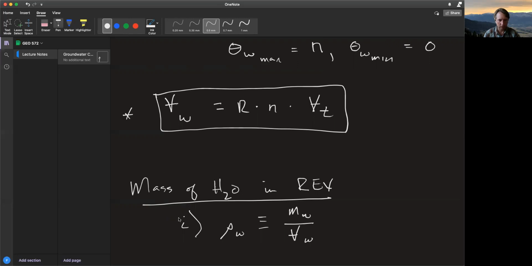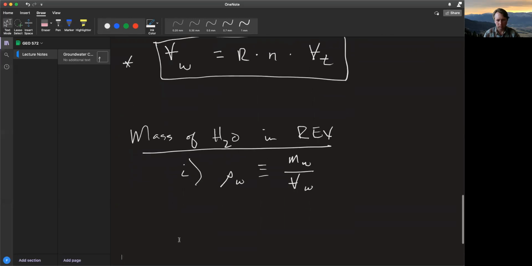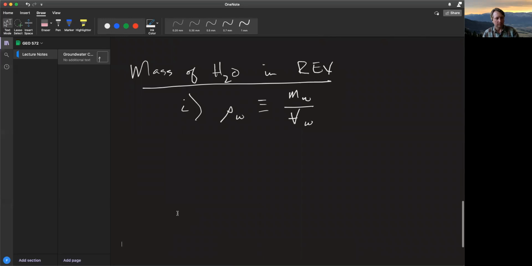If we combine star and I, we can solve for the mass of the water as rho water R times N times V sub T. All right.